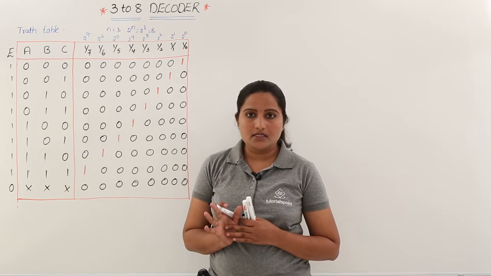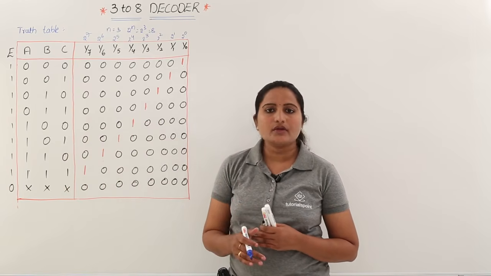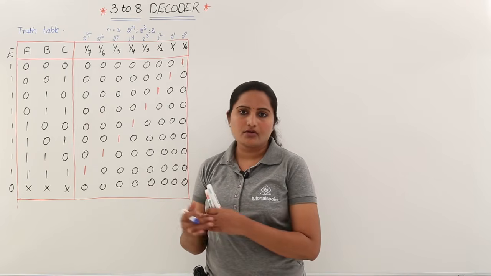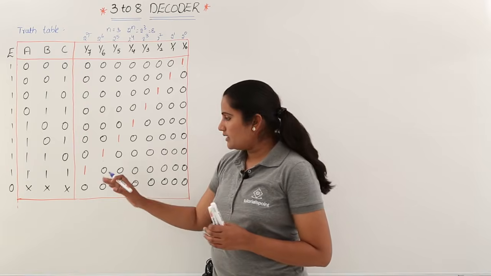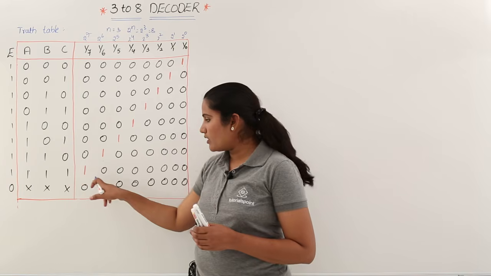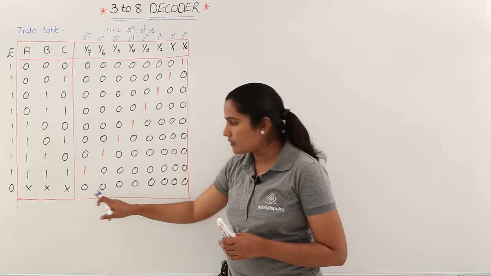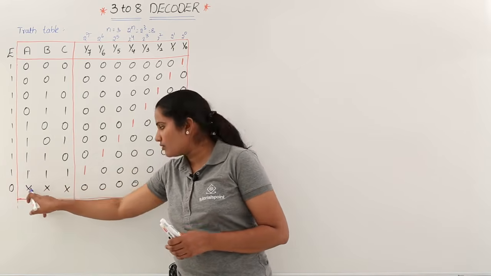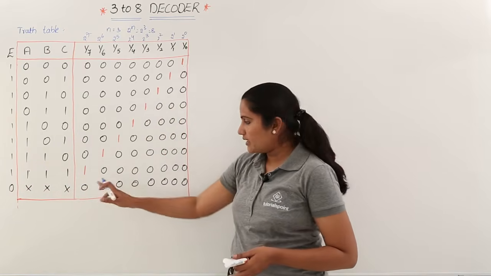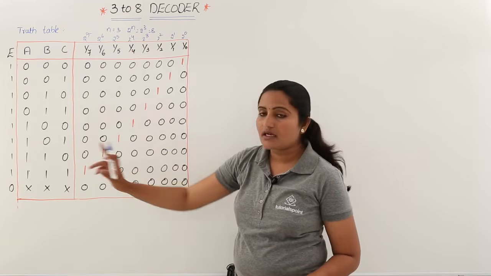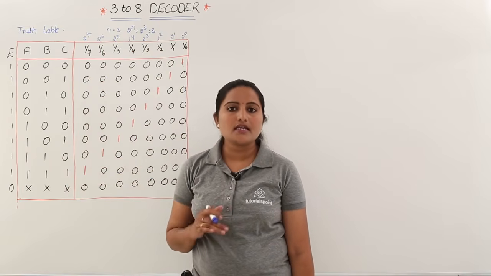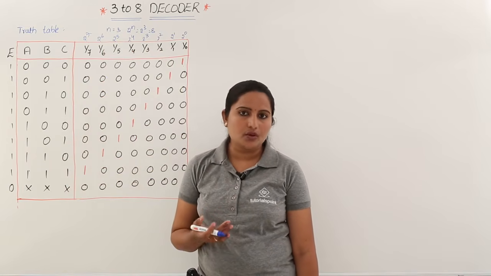If the enable line is equivalent to 0, then without reference to the inputs, your output is pulled down to 0. Even though your input is 111, you are not getting that output, because enable is equal to 0. These inputs may be ones or zeros or any data, you get 0 only whenever enable is equivalent to 0. All these conditions occur when the decoder is enabled, that means enable is equal to 1.